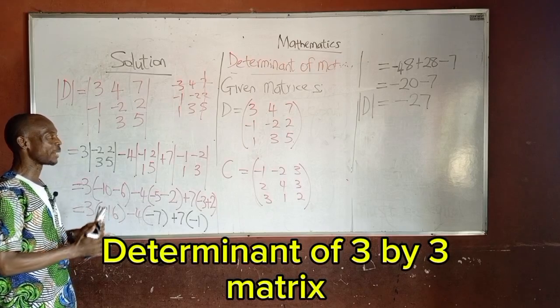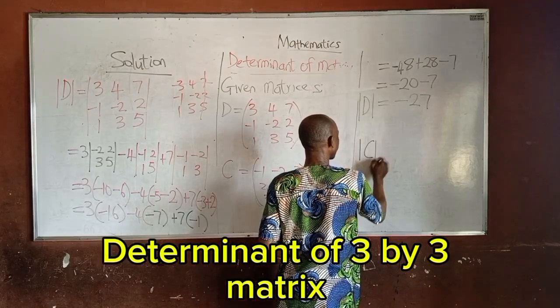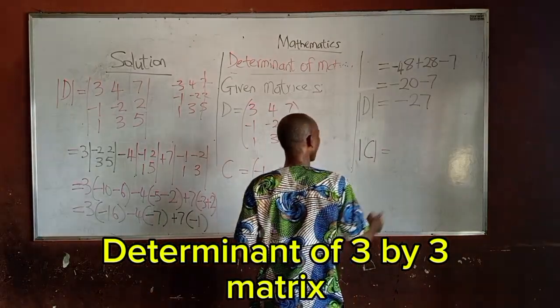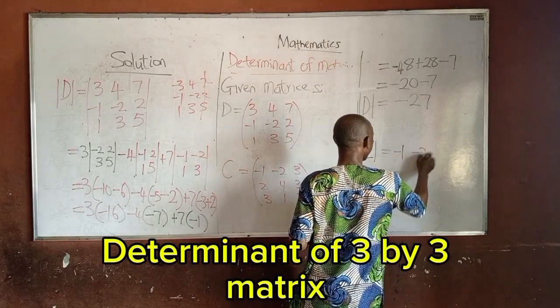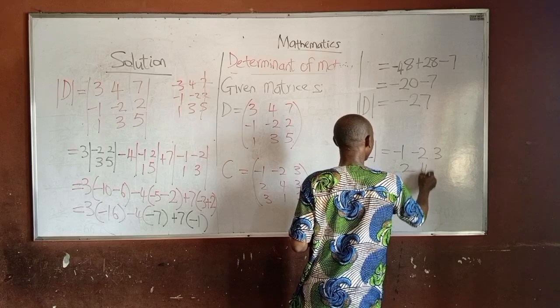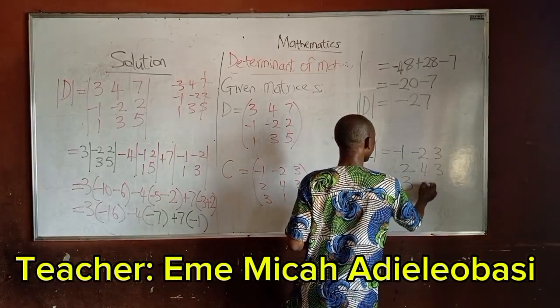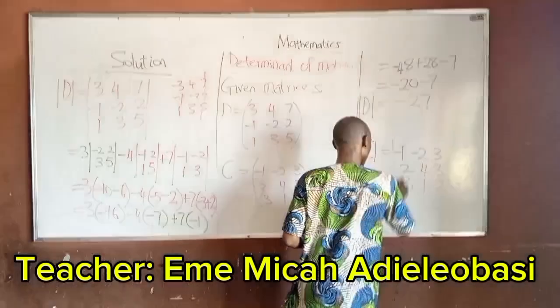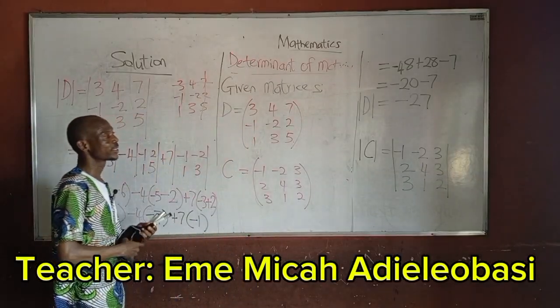Let's look at the second example there. We have to find the determinant of C, which is given to us as minus 1, minus 2, 3; 2, 4, 3; and 3, 1, 2. So now let's look at that.